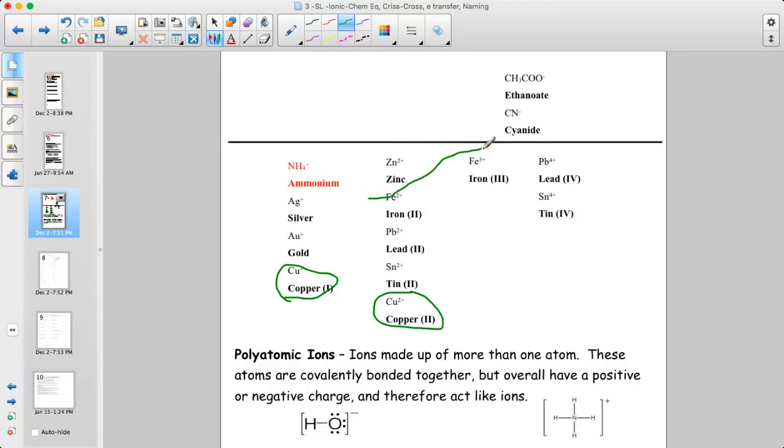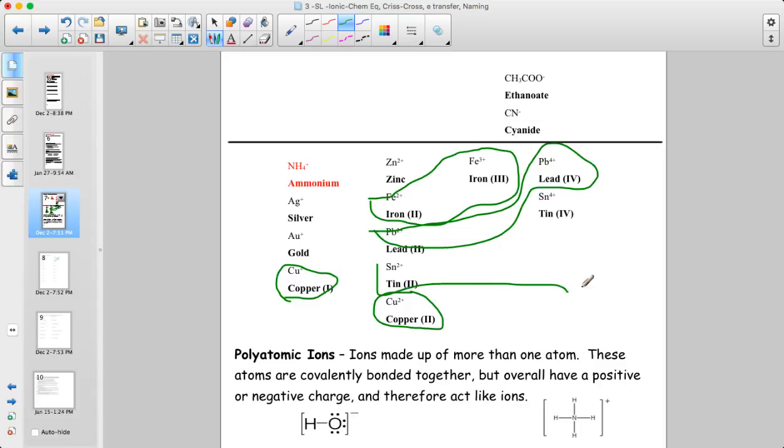Iron can be both 2+ and 3+. Lead, Pb, can be 2+ and 4+. And tin, which is in the same column of the periodic table as lead, can be 2+ and 4+ as well. Some metals that are useful to know are silver and gold, which both form 1+ ions, and zinc, which always forms a 2+ ion.